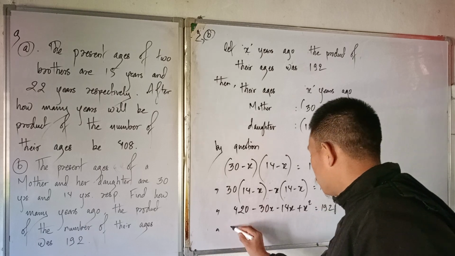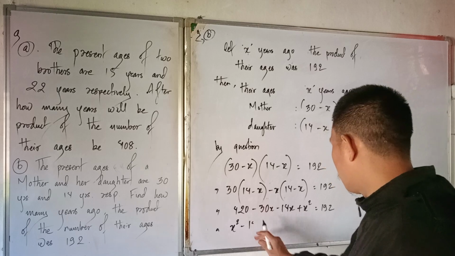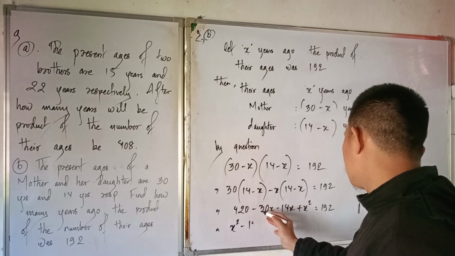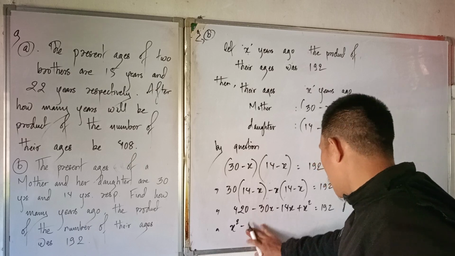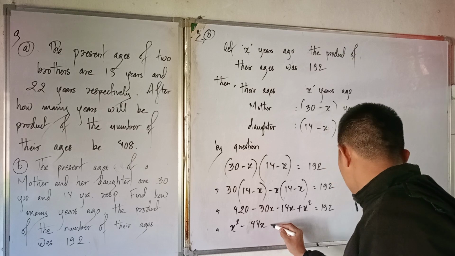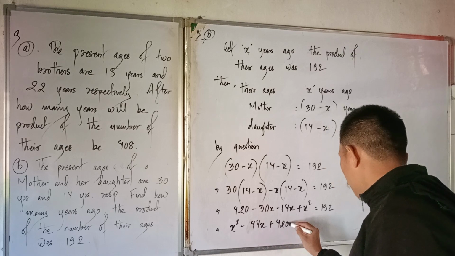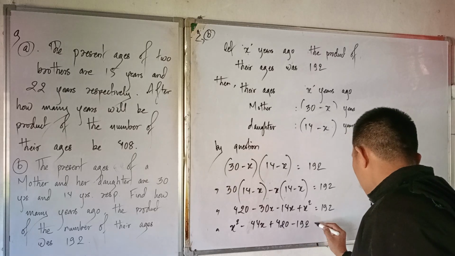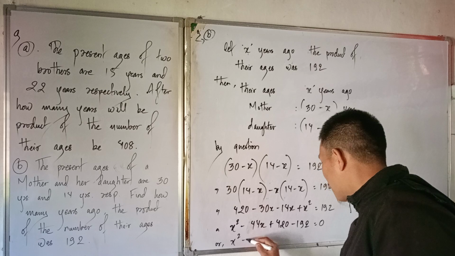Now arrange this in the correct order: 14 plus 30 is 44, so x squared minus 44x plus 420 minus 192 equals 0.